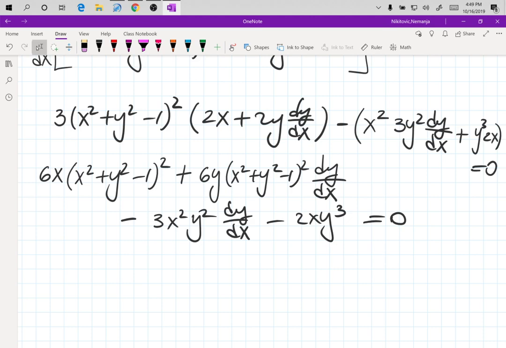And now just divide by this expression. So dy/dx alone is 2xy cubed minus 6x(x squared plus y squared minus 1), everything squared, divided by 6y(x squared plus y squared minus 1), everything squared, minus 3x squared y squared.